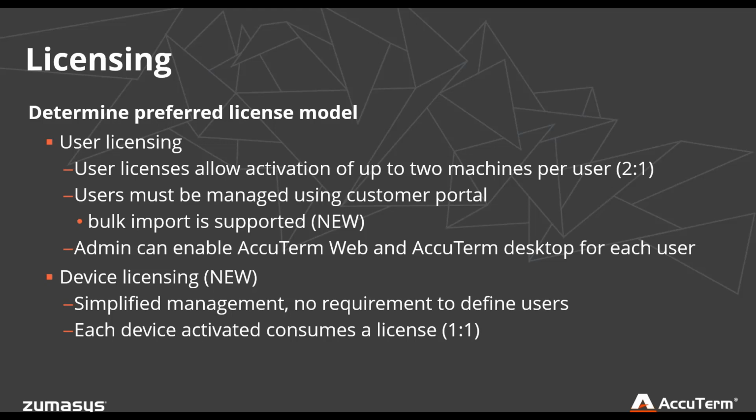You just copy the key in, put in your email address, click activate, and it's done. The user does not have to log into the customer portal or anything. They'll never even see it. It'll just work, and it will stay activated unless the admin comes into the portal and specifically deactivates it.